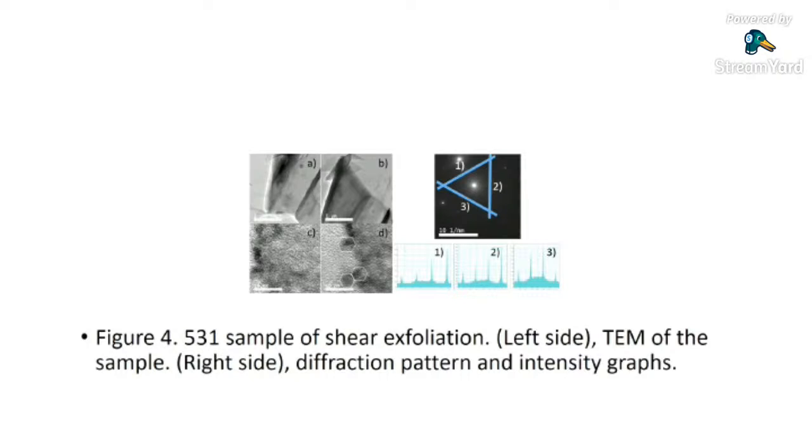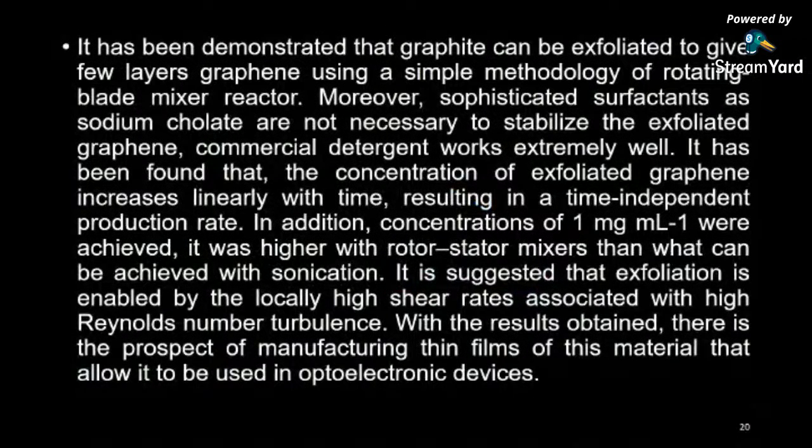So in this work we showed that graphene can be achieved by those methods. It has been demonstrated that graphite can be exfoliated to give few layers of graphene in this work with a concentration of 1 milligram per milliliter.